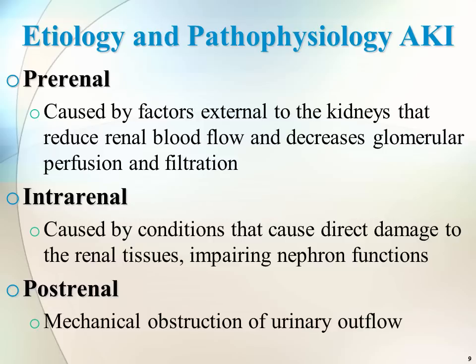Okay, so when we talk about what could be a pre-renal cause, it could be hypovolemia, so that is not enough circulating blood. That would be something like hemorrhage or severe dehydration or cardiogenic shock, something like that. It could be relative hypovolemia.